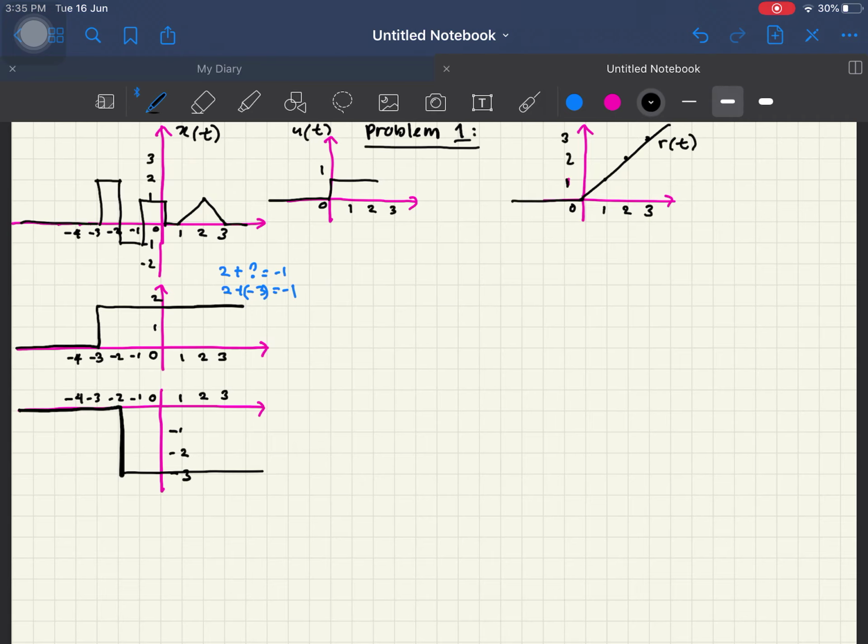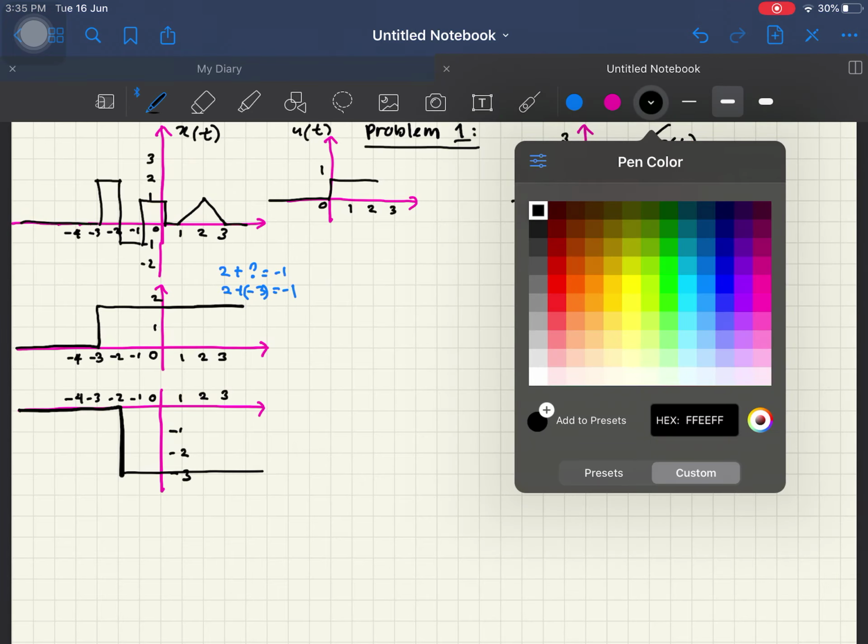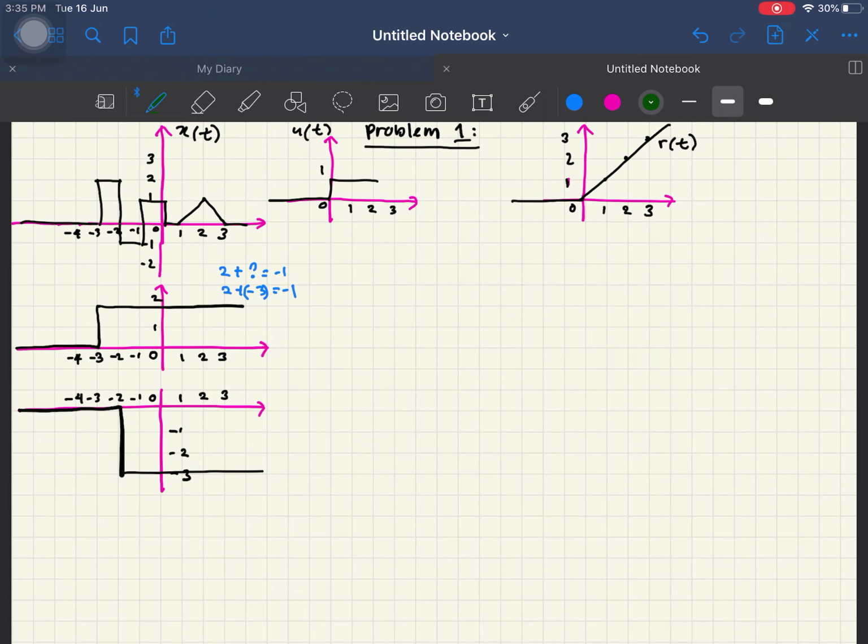If I am to write, let's call the first signal x1 of t, it will be 2u(t+3). For the second signal, let's call this x2 of t.